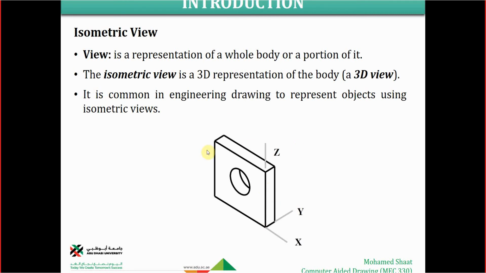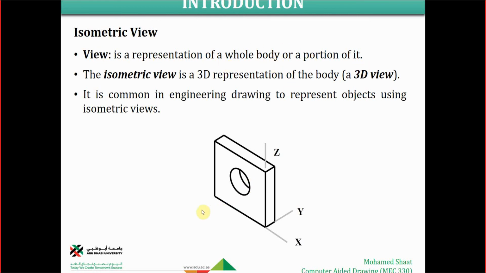But for example, if you already have one view of the object, you can understand what this thing is. Why? Because it is already represented as a three-dimensional view, right? A view in engineering drawing is a representation of a whole body or a portion of it.